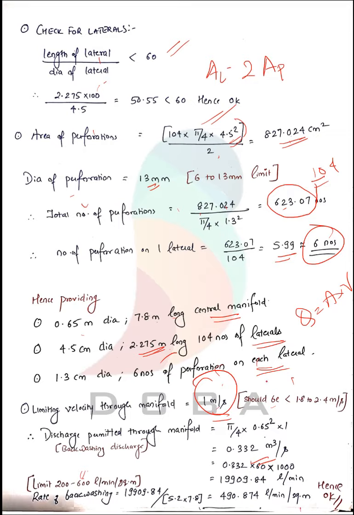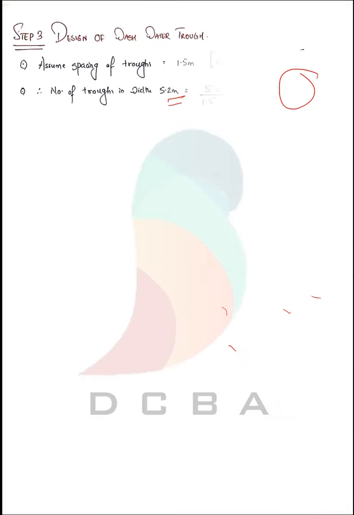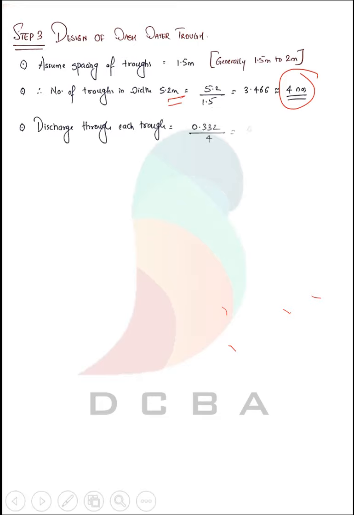Obviously, since the water in the wash water trough comes through your under drainage system, whatever discharge is there in your under drainage system, the same discharge will come above as well, right? So the discharge through each trough is 0.083 meter cube per second.